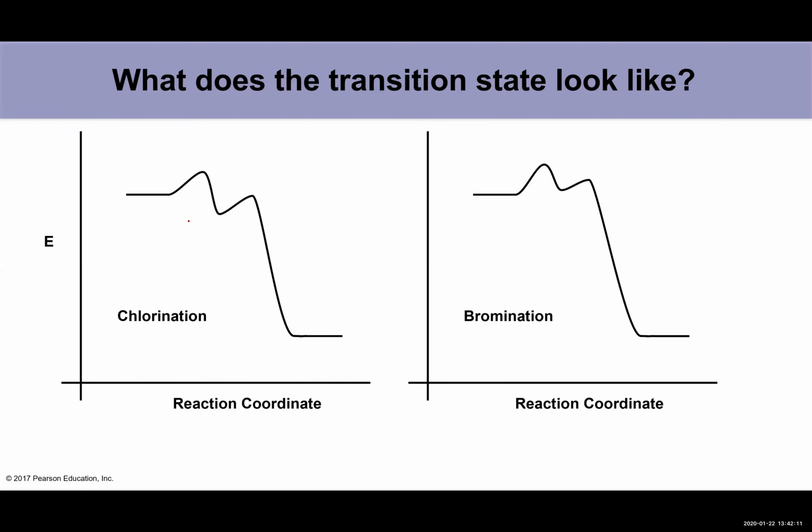It turns out this first step in chlorination is exothermic. The general principle in stability and transition state is called Hammond's postulate: the transition state looks like whatever it's closest in energy to. In other words, this transition state looks like the alkane.